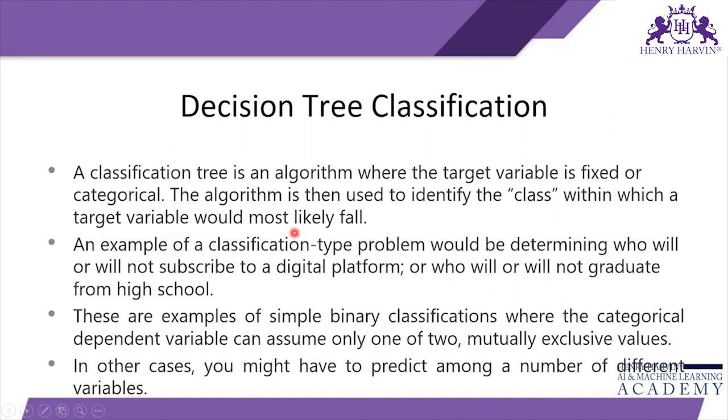So basically, a classification tree algorithm is used where the target variable is fixed or categorical, like a number of states, yes or no, something like that. And it is used to identify that class, the categorical class.